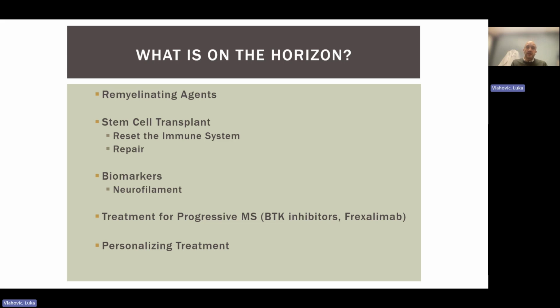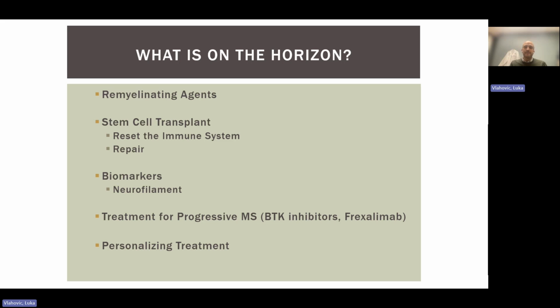Now, what is on the horizon? There are a few areas mentioned here. Remyelinating agents are a really needed topic, and there have been multiple attempts so far, not very successful, although we're still trying to find some that will be efficacious and reliable.